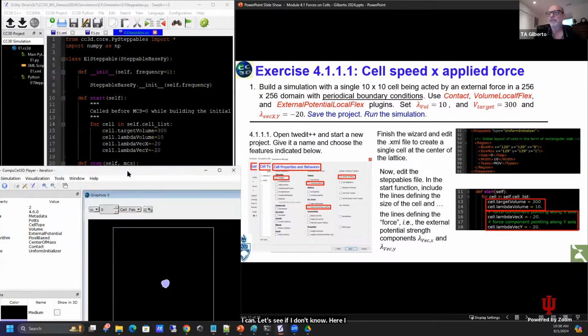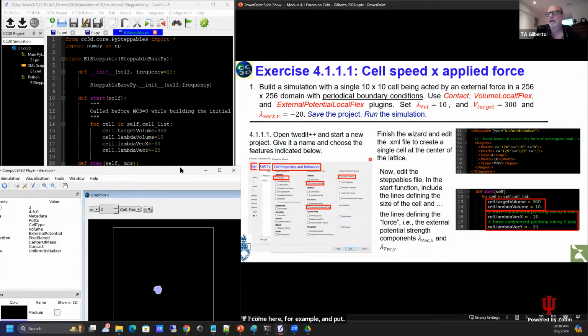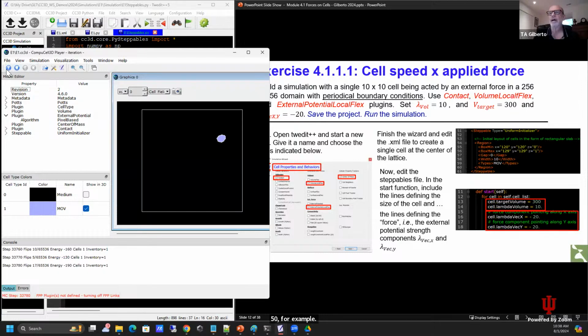If I come here, for example, and put lambda 50, okay, it's not in the diagonal anymore. So this motion is completely persistent because the cell doesn't change the direction during the movement. Okay, let's go and continue.